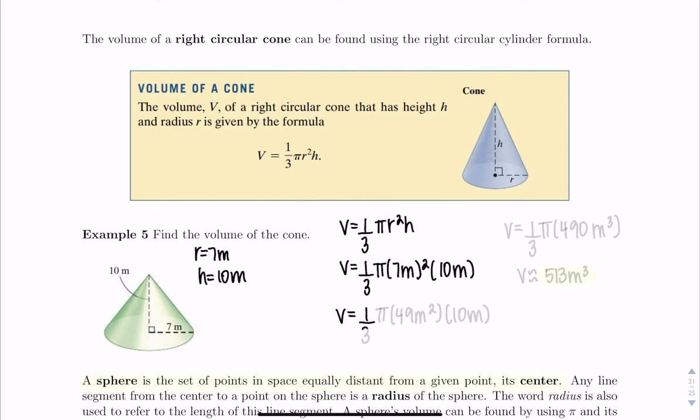Well, that's 1/3 pi times 49 square meters times 10 meters, or V equals 1/3 pi times 490 cubic meters.